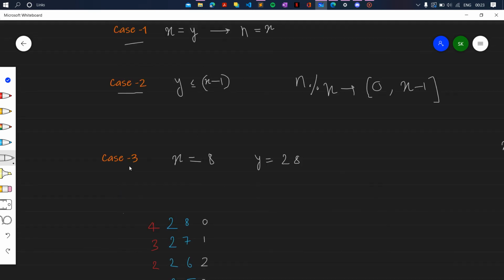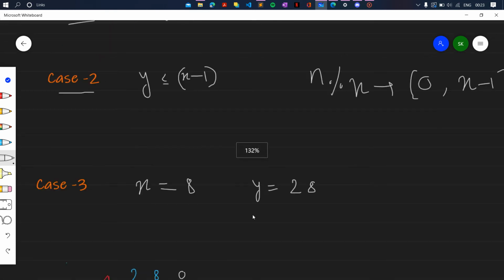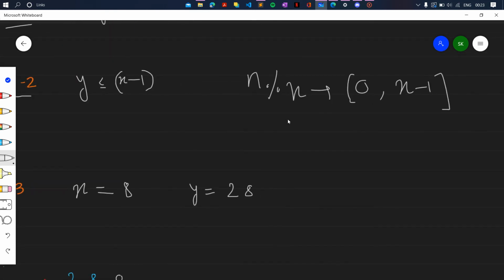Now comes the main case, the third case, and that's the most interesting case. We know that the value of n mod x would lie between 0 and x minus 1.